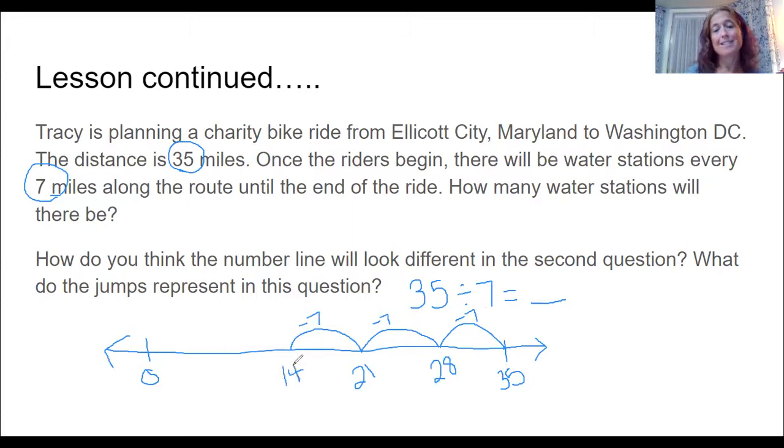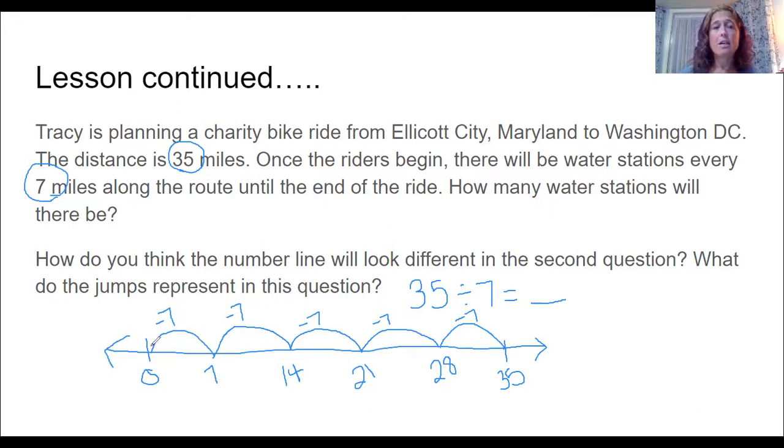Okay, we're still not at 0 yet, so we've got to keep going. 14 minus 7 is 7, but we still have one more jump to do, and we're subtracting 7, and we're coming to 0. So now we're good, but how do we figure out what our answer is?